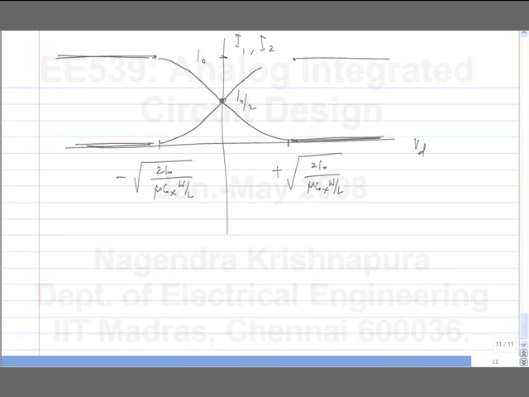Okay, I1 and I2 will be just flipped versions of each other. That's because of the symmetry in the circuit. Okay. What will be the slope at the origin? And not at the origin, when Vd equal to 0. What will be the slope? What is the slope of I1 versus Vd at Vd equal to 0?